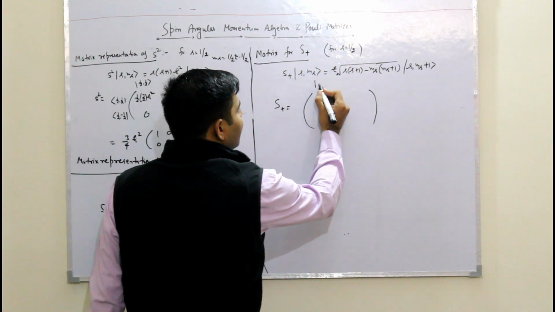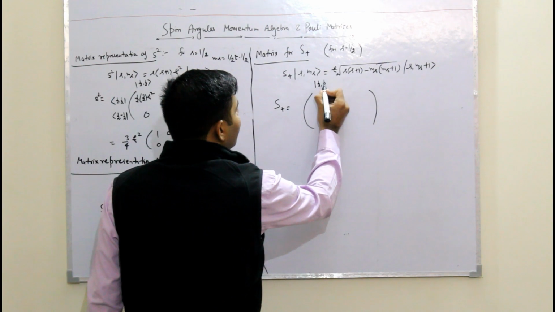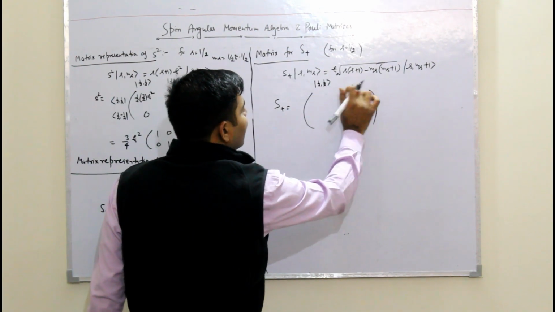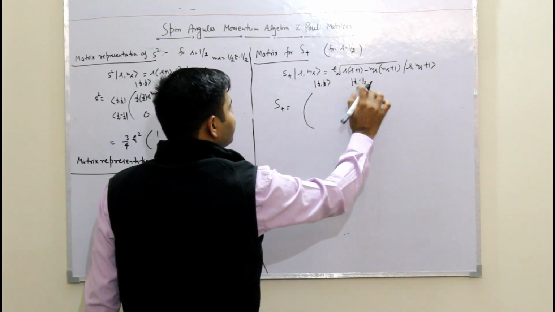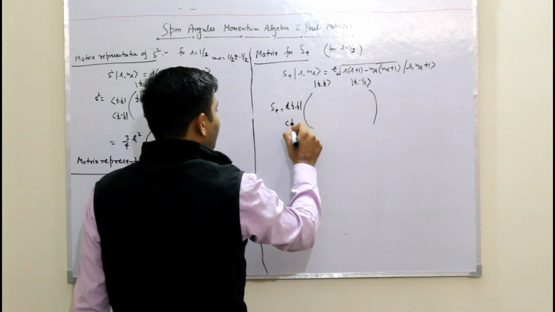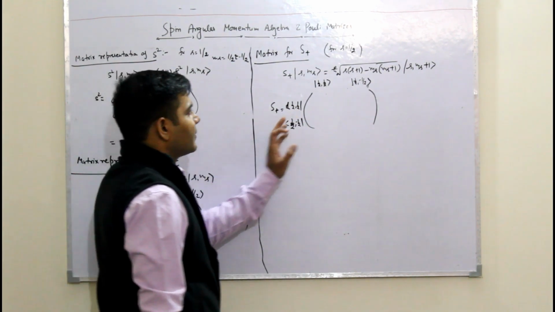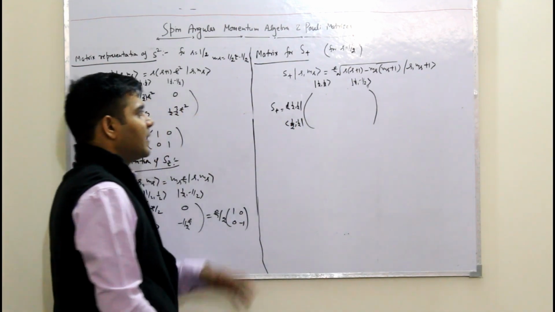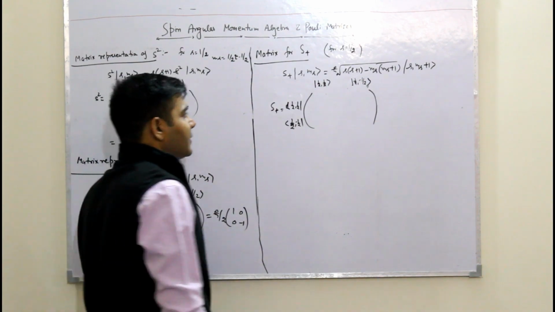What are the possible states for small s equal to half? These are half, half, and half, minus half. For the matrix representation of S plus, we take these states, half, half, half, minus half, as earlier.